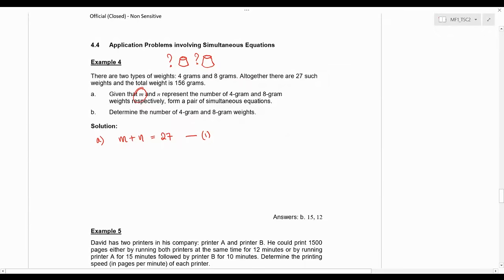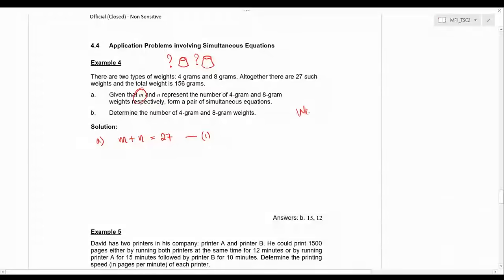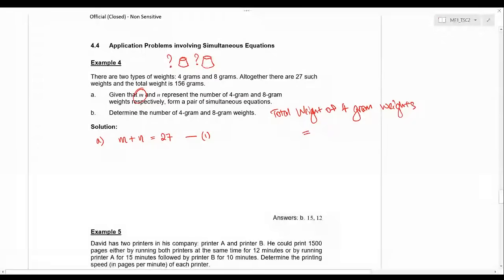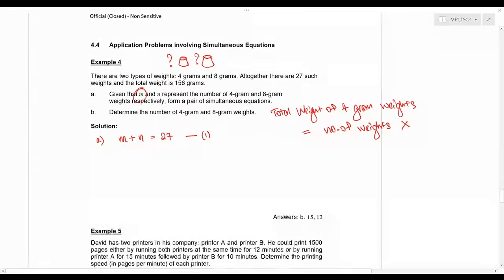Then the second information is that we know the weights, there are 27 of these items, and the total weight adds up to 156. Since we don't know how many 4-gram weights, but the total weight of 4-gram weights is going to be the number of weights multiplied by 4 gram.